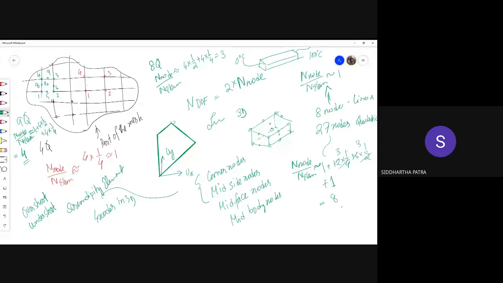If you use, let's say, a linear brick element, this doesn't happen. So you start getting temperatures below 0 degrees and above 100 degrees, which is non-physical. Similarly, if you apply a voltage of 0 volt here and 100 volt here, you start getting voltages beyond 0 and 100 volt. So such problems start to arise for a serendipity element.